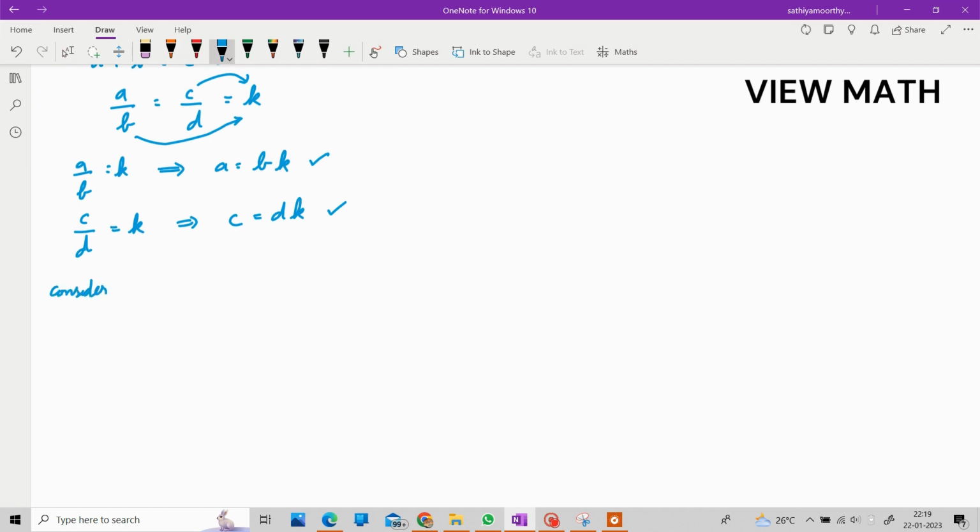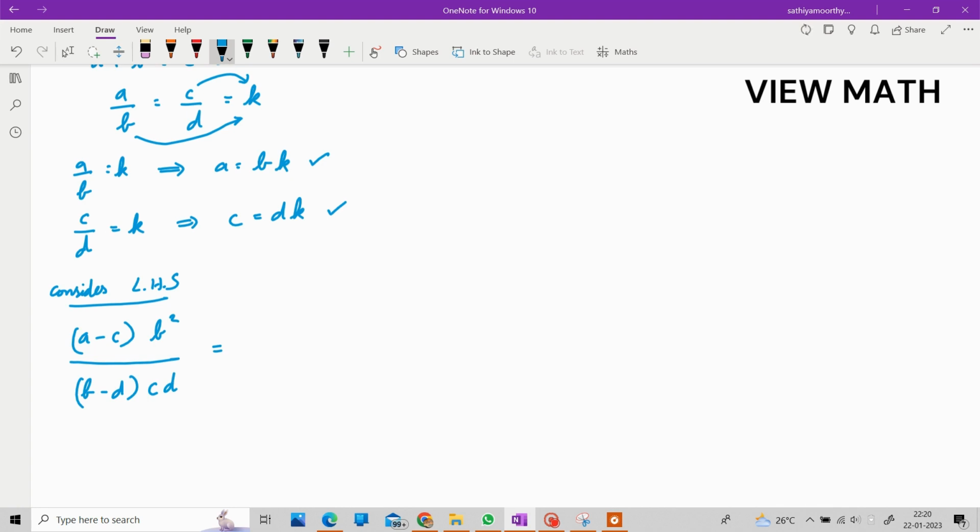Now I am going to consider the left hand side first. Consider left hand side. That is, left hand side is (A minus C) into B square divided by (B minus D) into CD. Now in this term, I am going to substitute A and C value.